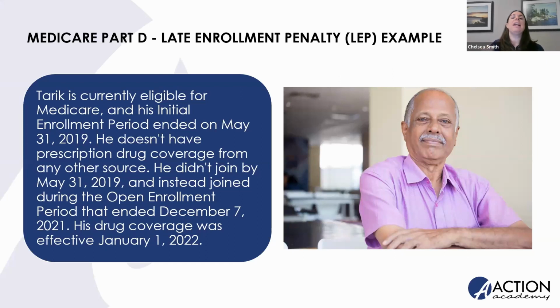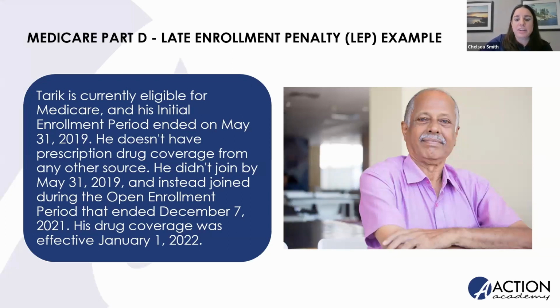It is so important that that person fills that form out, completes it, and returns it by the date on that form, because that's the person's last chance to let the plan know about that prior health coverage that Medicare might not have been aware of. Because if they didn't have that prior coverage, they're going to end up paying that late enrollment penalty. And if you want to keep that late enrollment penalty at bay, you're going to want to fill out that form and avoid it that way.